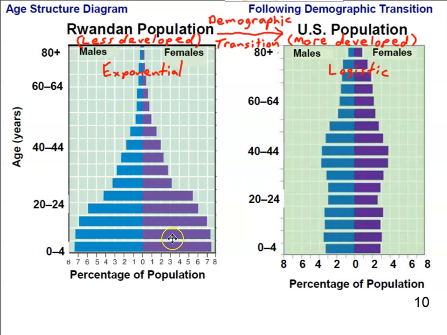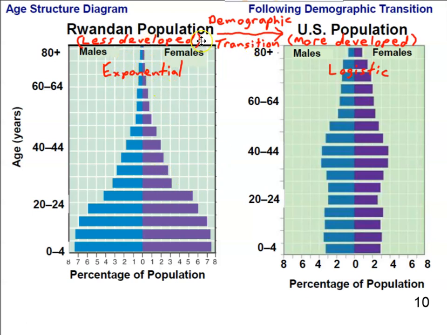And the idea here is that, in relation to the graph on the previous slide, the age structure diagram for Rwanda shows high birth rate and high death rate. So in other words, there are a lot of younger people, and they're having a lot of children, but they're not living very long. So high birth rate, high death rate.